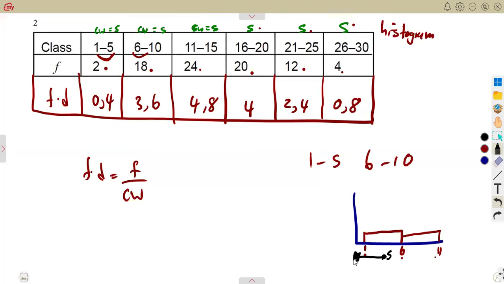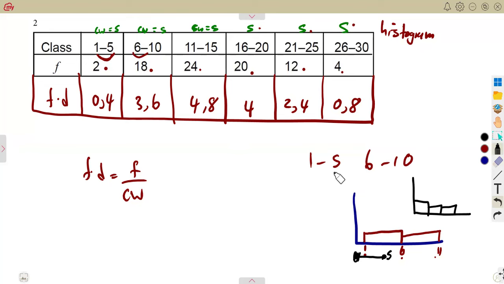What we need is to maintain the class width of 5, while remembering it's a histogram where the bars are supposed to be in contact. You don't work with 1 to 5 on its own and skip to 6 to 10. They're supposed to be in contact, so we want to force them to be in contact.